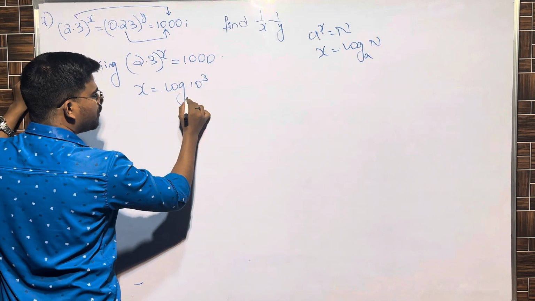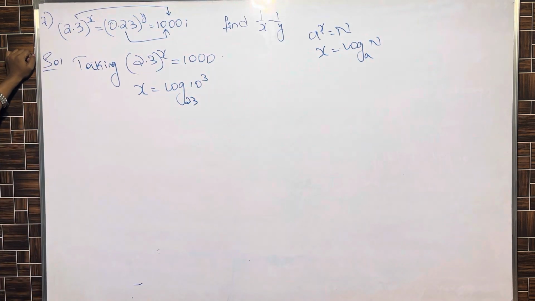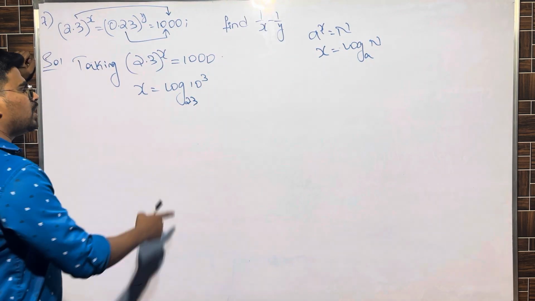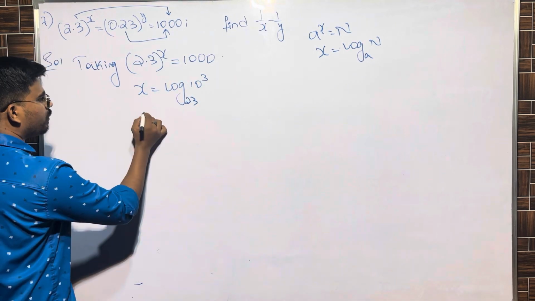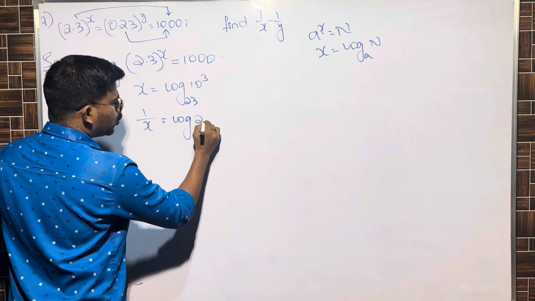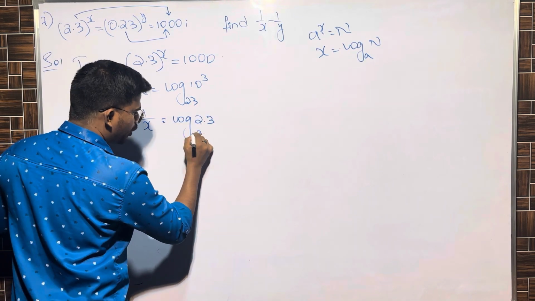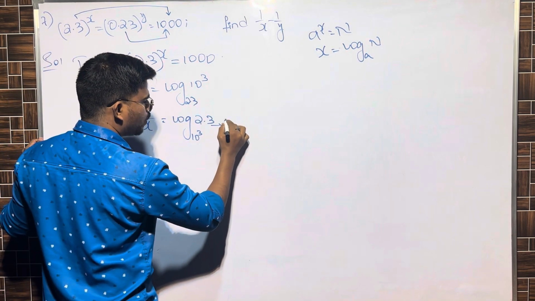This 2.3 will shift here. I've already shown you a couple of examples. X is equal to log 10 cube to the base 2.3. Now, we have to find the value of 1 by x. That's why I am doing a reciprocal of this. 1 by x is equal to log 2.3 to the base 10 cube. You already found it. Make it as equation 1.